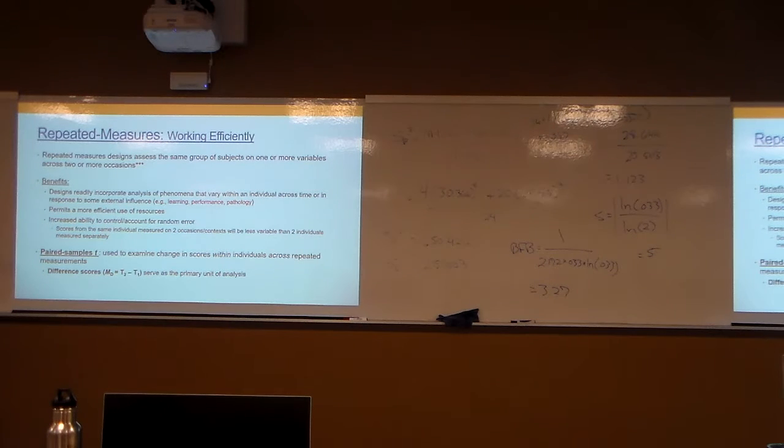The primary unit of analysis for our paired sample test is a difference score, okay? So we're taking score at time 1, score at time 2, calculating a difference score. That's the metric being examined in our paired sample t-test. Questions on paired sample tests?